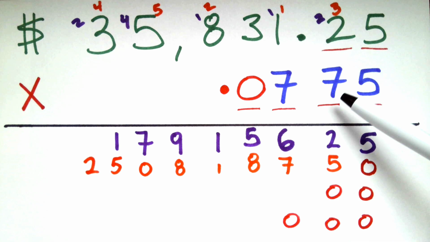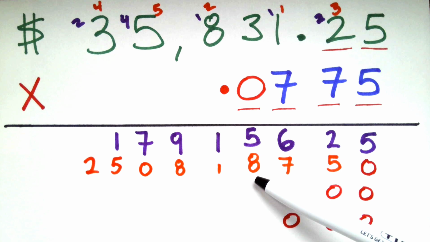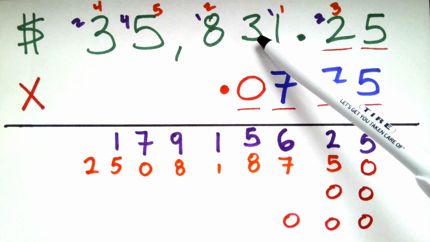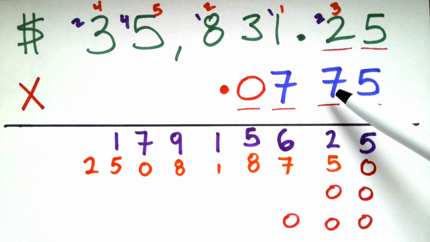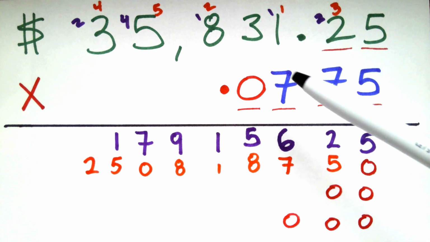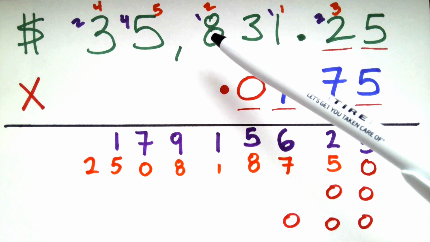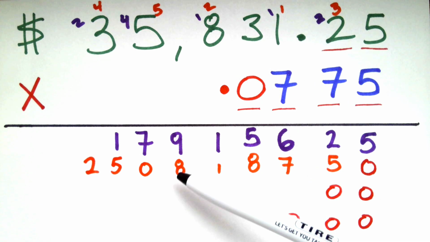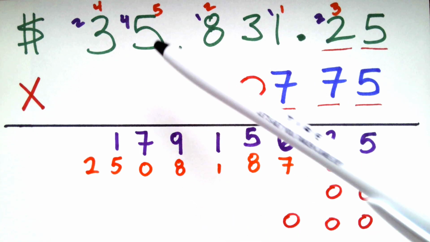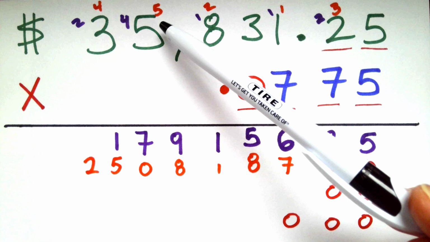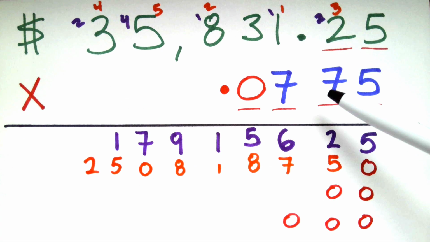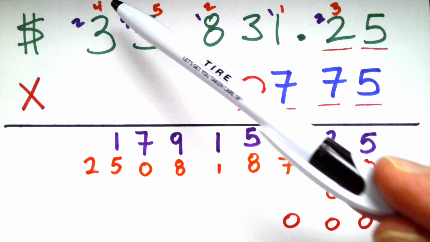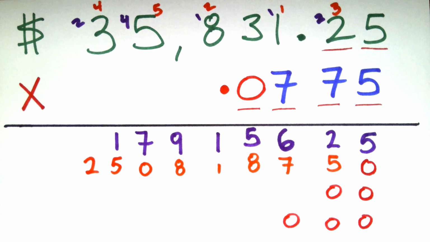I'll carry the 1. 7 times 1 is 7, plus 1 is 8. 7 times 3 is 21. I'll put the 1 down. I'll carry the 2. 7 times 8 is 56, 57, 58. So I'll put the 8 down here. I'll carry the 5. 7 times 5 is 35, plus 5 is 40. The 0 goes here. I'll carry the 4. 7 times 3 is 21, plus 4 is 25.